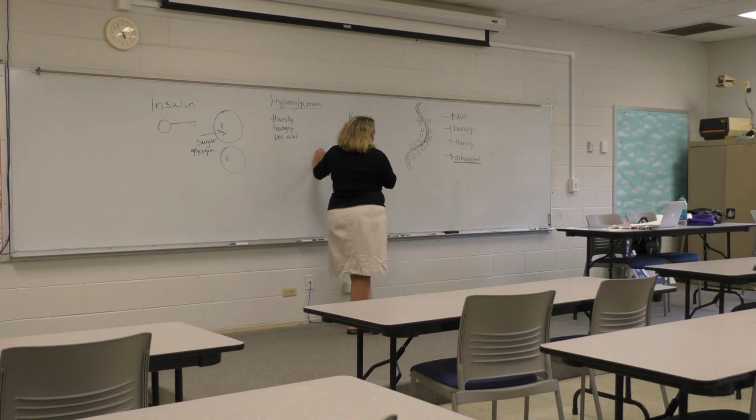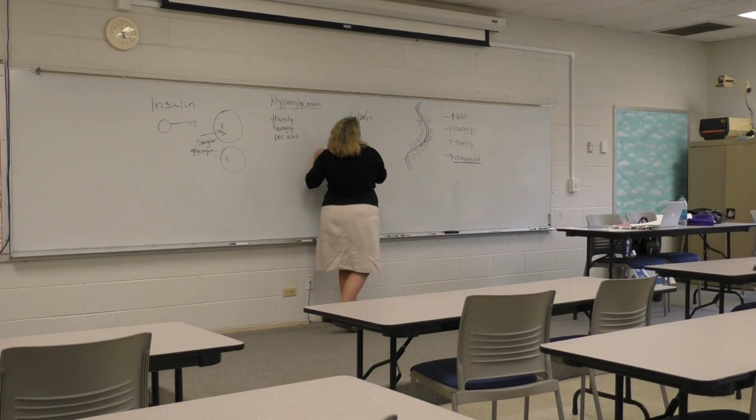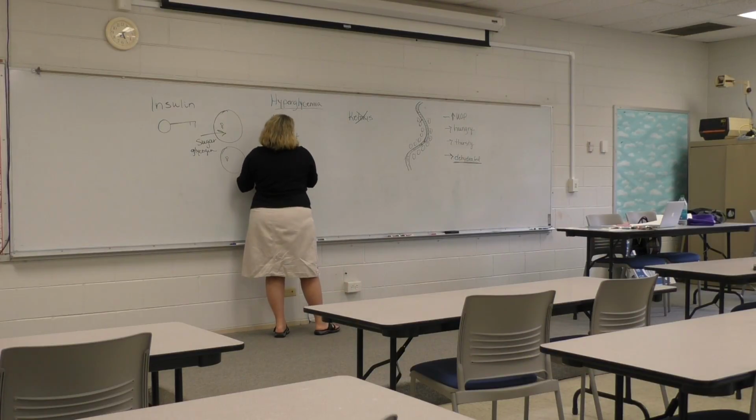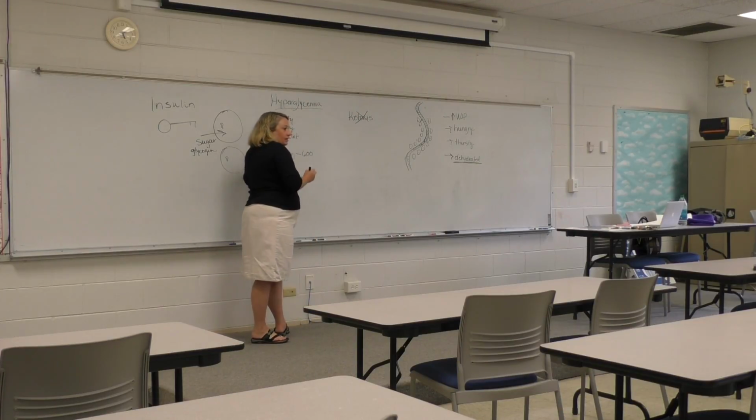They both get dehydrated pretty badly. But since they don't have this ketosis, they don't pass out and go into a coma as soon as type 1's do. Type 1's, their blood sugar might be 450, maybe even 600, and that'll put them in the hospital.